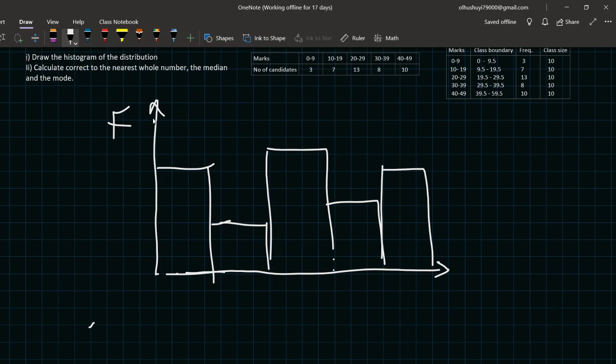Here we have the CB, class boundary. Of course, you need to take note of your class size: between 0 to 9, 10 to 19, equally 10. But I have the last one, let me confirm this.